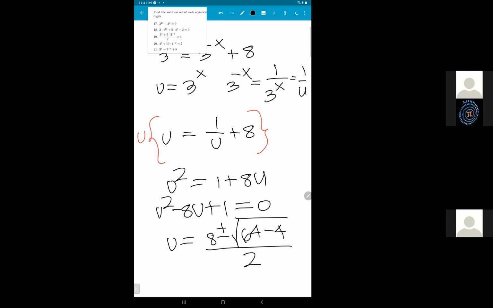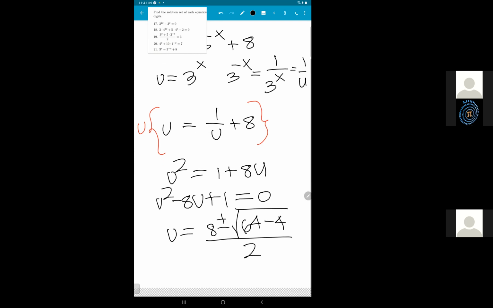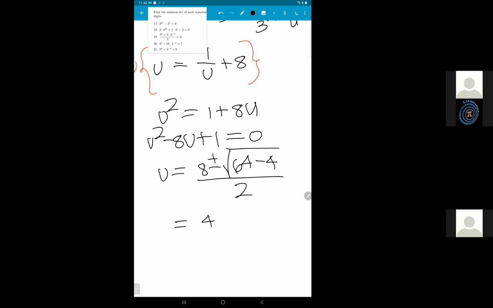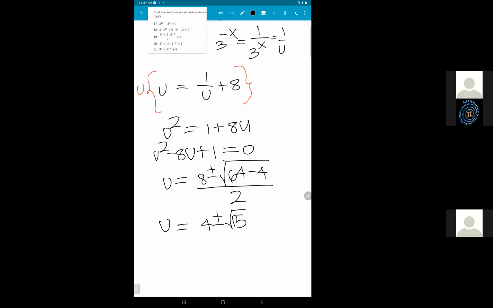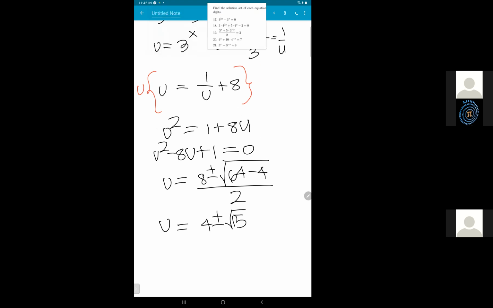So you get those. 60 is 15 times 4. So that is it, when you simplify it, okay? And that's not yet finished. You have to revert to x. So remember, u equals 3 to the x. So that's this one.